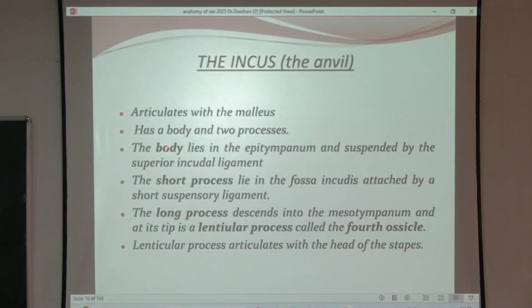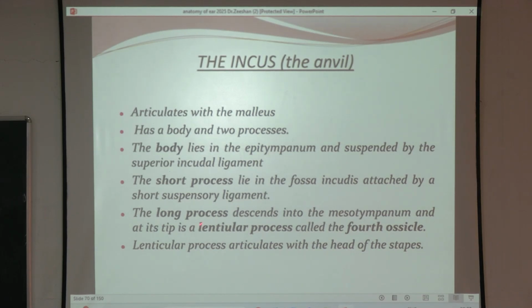Now coming on to the incus, it articulates with the malleus, has a body and two processes. The body lies in the epitympanum, suspended by the superior incudal ligament. The short process lies in the fossa incudis. As I just told you, the area above the facial recess is what we call the fossa incudis. It is part of the incus, that is why it is fossa incudis, simple.